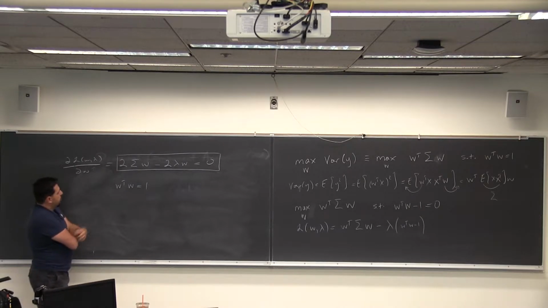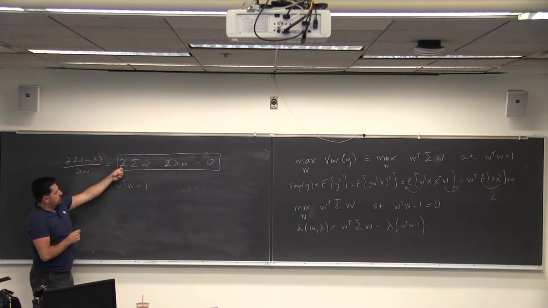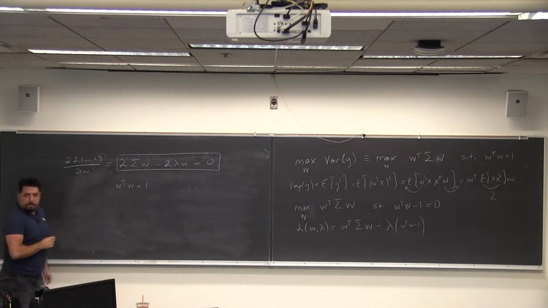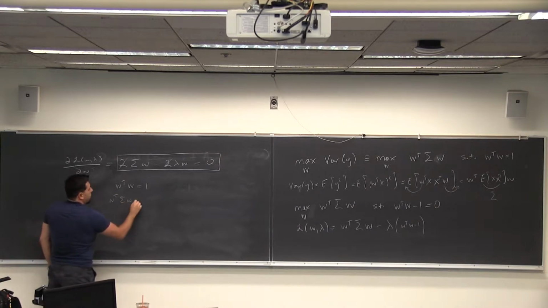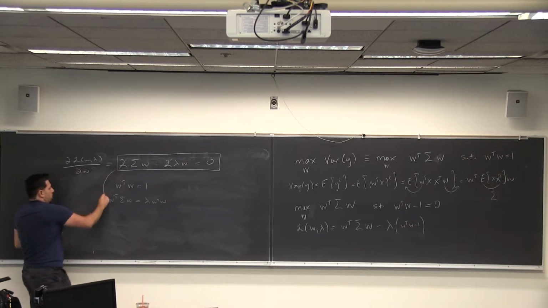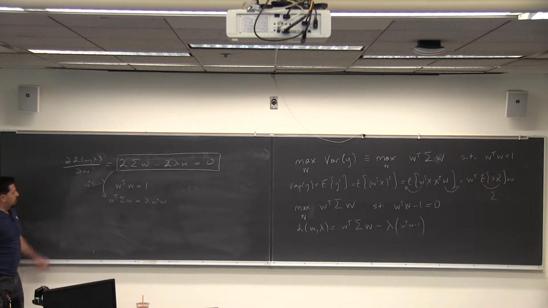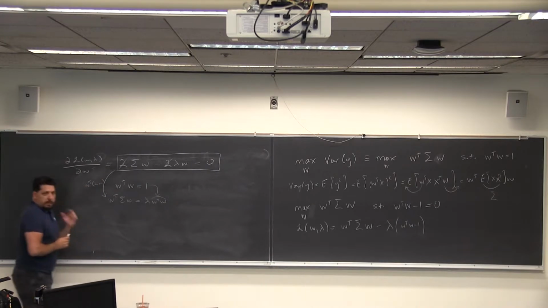Let's divide this by 2. If I multiply the first equation with W transpose from the left, I have W transpose sigma W must be equal to lambda W transpose W. That's the first equation multiplied from the left with W transpose, and then just rearranging things. But W transpose W must be 1, right?